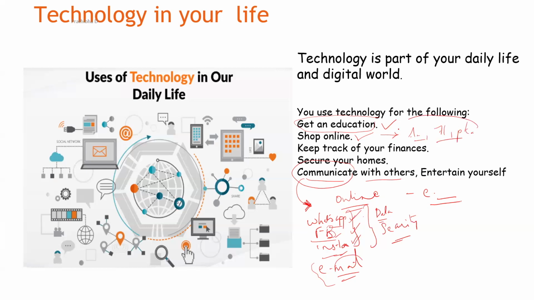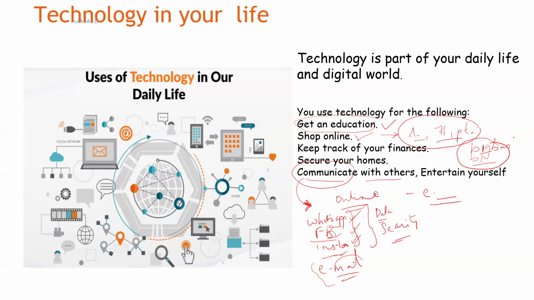So what are the things you are using to purchase? It can be electronics, clothing, furniture. Then what else? Grocery, right? We also have Big Basket, Blinkit, Zepto.